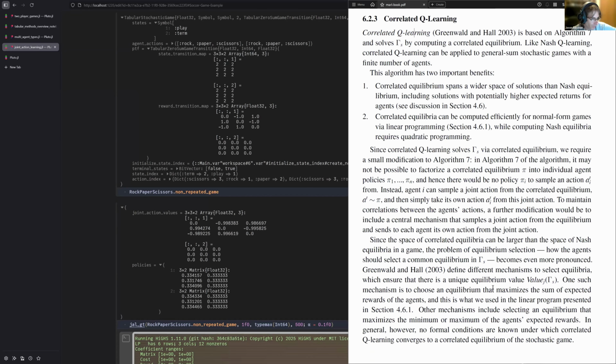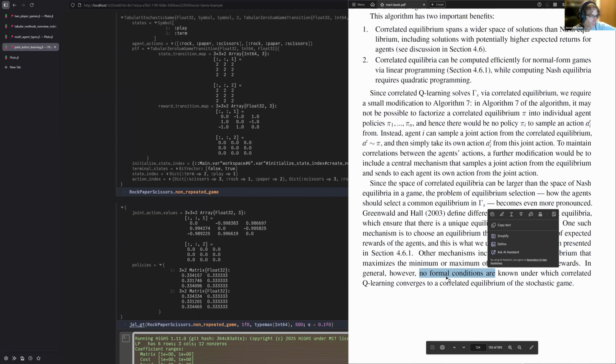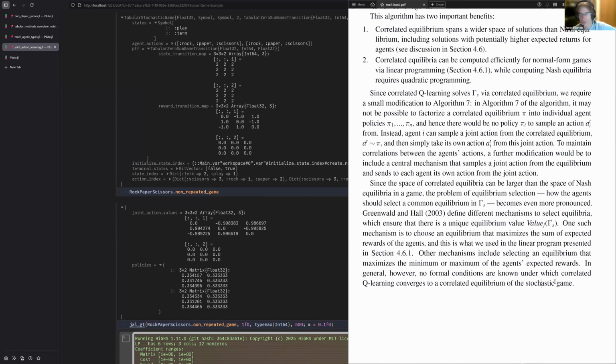But the problem is that no formal conditions are known under which correlated Q-learning converges to a correlated equilibrium of a stochastic game. So another problem is that we don't actually know if this will converge in the first place. Another thing that maybe sounds like a good idea, but practically probably won't work.